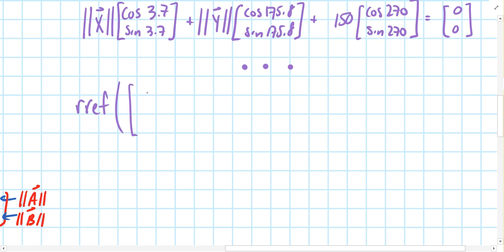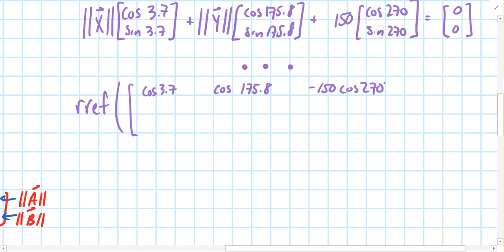Now, this matrix is going to need cosine of 3.7 degrees, cosine of 175.8 degrees, and then over here, we want negative 150 times cosine of 270 degrees.